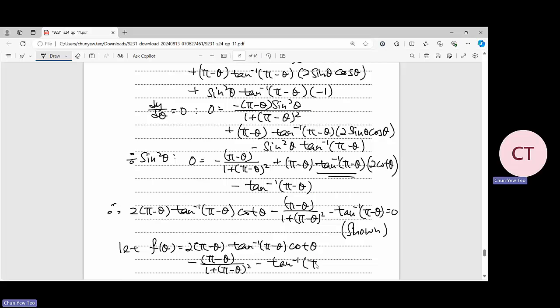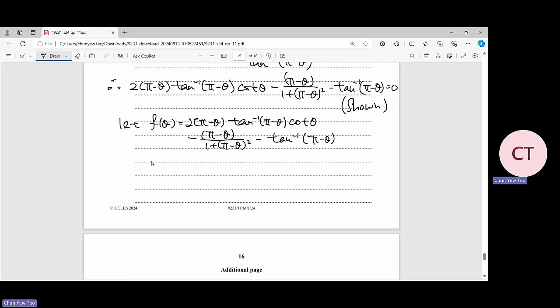Okay, we let it like this. You just use your calculator to check whether there is a change of sign. Put 1.2 and 1.3 inside. Remember to change your calculator into radian mode. Make sure your calculator is in radian mode.